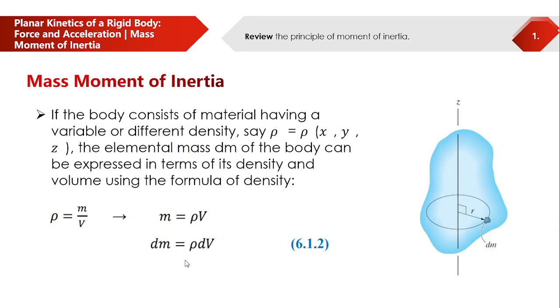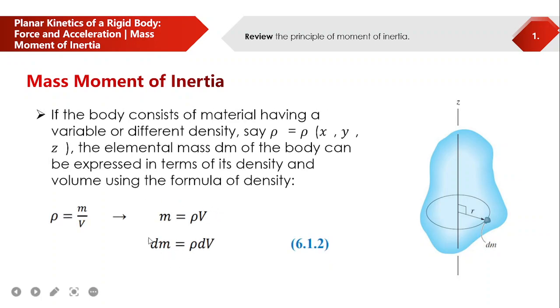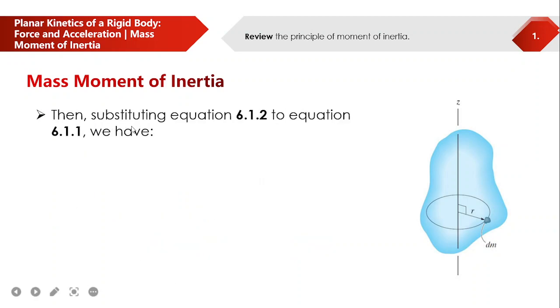Okay, so therefore yung value na to, i-substitute natin sa original na formula. Ayan, then substituting equation 6.1.2 into equation 6.1.1, we have our original equation. I-substitute natin yung value ng dm in terms of dv. Okay? So that would be I is equal to integral of r squared rho dv.